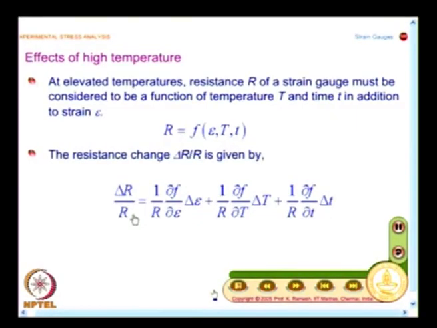So, what you have here is delta R by R as a function of strain. I have this as 1 by R ∂f/∂ε into delta ε plus 1 by R ∂f/∂T into delta T plus 1 by R ∂f/∂t into delta t. And similar to my Sg, ST, I will also introduce another factor with suffix t, that is what I am going to do.